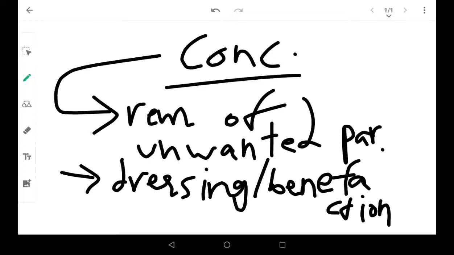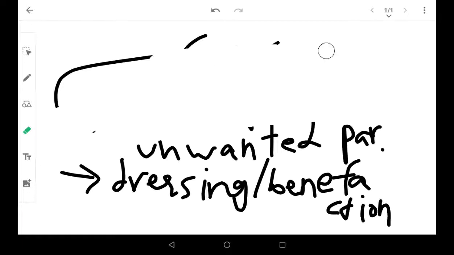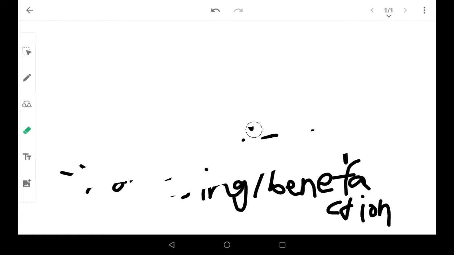There are four types of concentration of the ores based on the different kinds of metals.